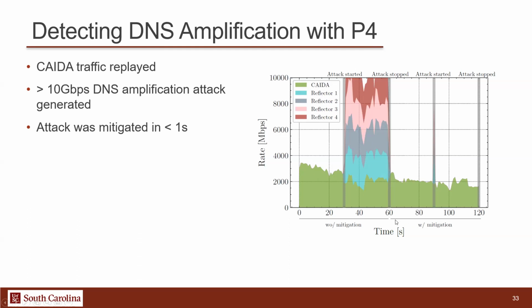And then for the remaining 60 seconds, this is where we activated our mitigation. The attack starts at this point here, around 90 seconds. And you can see here, as soon as we have this spike, the attack was detected and blocked. So we were able to stop this 10 gigabits per second attack in less than 1 second on a legacy router.